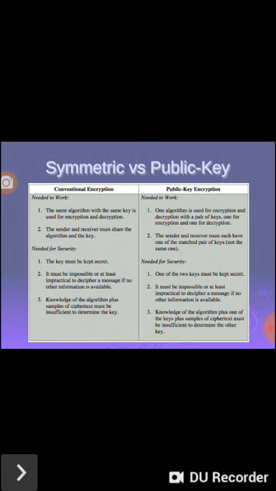So knowledge of the algorithm plus samples of ciphertext must be insufficient to determine the key. In public key, the knowledge of the algorithm plus one of the keys plus samples of ciphertext must be insufficient to determine the other key. So this is the difference between symmetric and public key.